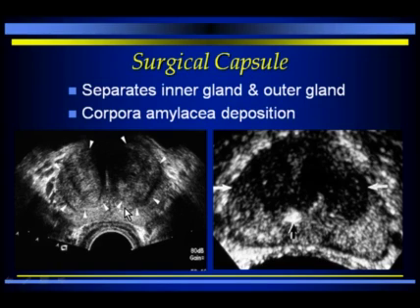This is much more than 5%. In fact, this is more than 50% of the prostate volume, and this is a process of benign prostatic hyperplasia, enlargement of the inner gland, which is associated with aging in the normal adult in our country. So this is outer gland here, which could be central zone and peripheral zone, and this is inner gland, which is mostly transition zone hyperplasia.